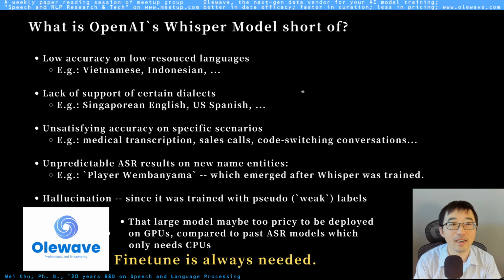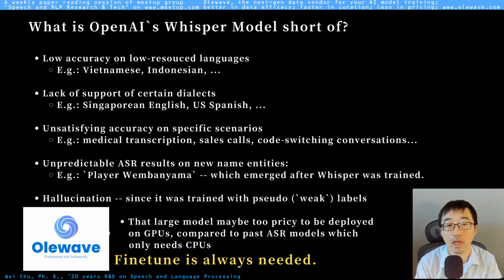But first, it doesn't have a good accuracy on low resource languages, for example, Vietnamese and Indonesian. According to their paper, they only have hundreds of hours of training data, and sometimes even less than 100 hours for very, very low resource languages.